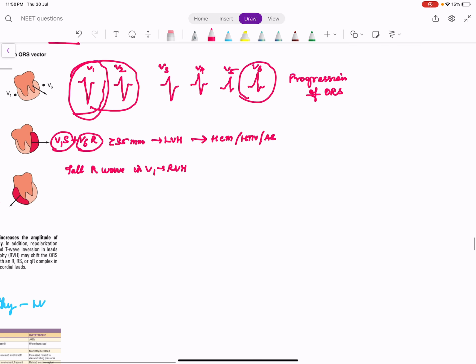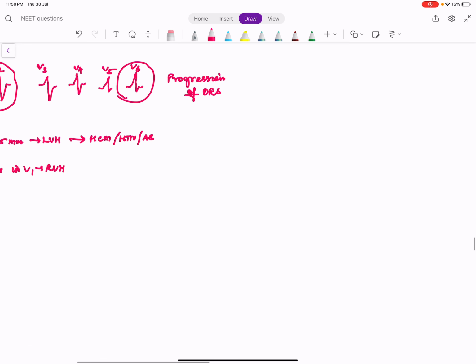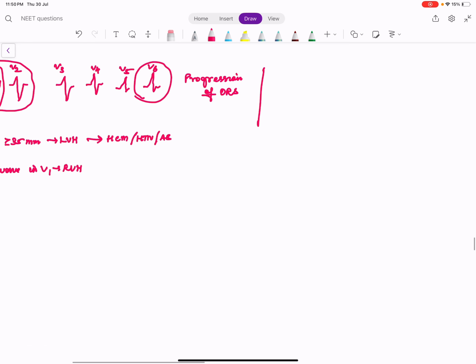Now what about poor progression of R wave? Normally V1 will have a small R wave and a deep S wave. V3, V4 will have equiphasic R and S waves, and V5 and V6 will have a tall R wave. So this is a normal progression. In other words, V3 should have an R wave of at least 3 millimeters. If V3 has an R wave of less than 3 millimeters, it indicates poor progression.